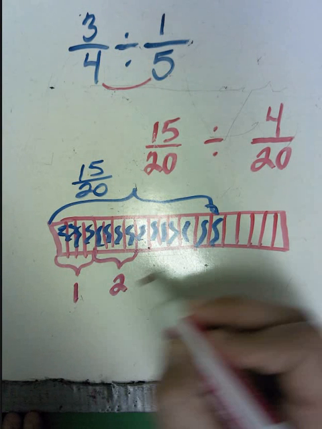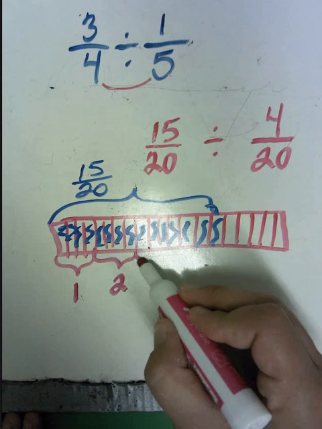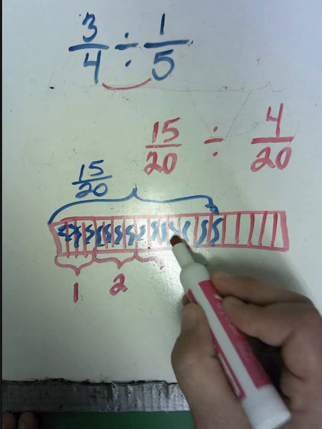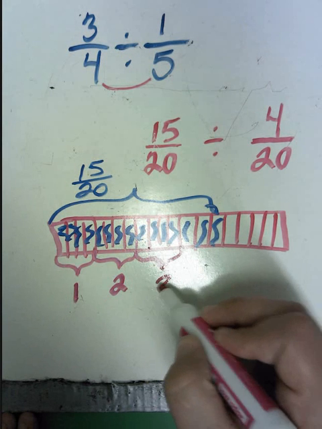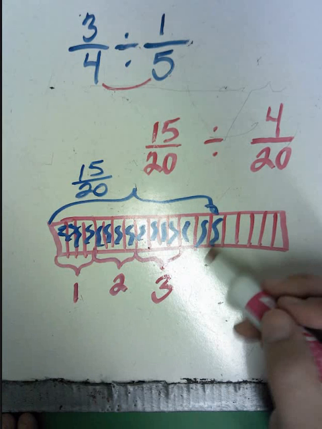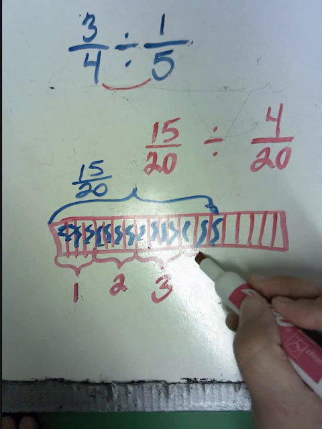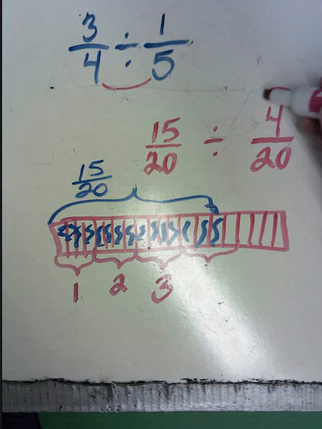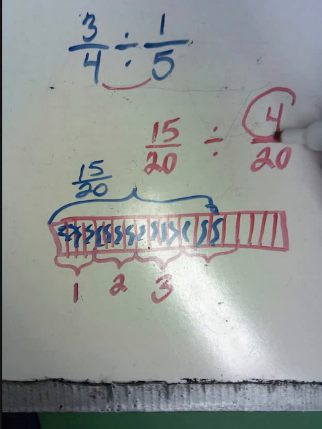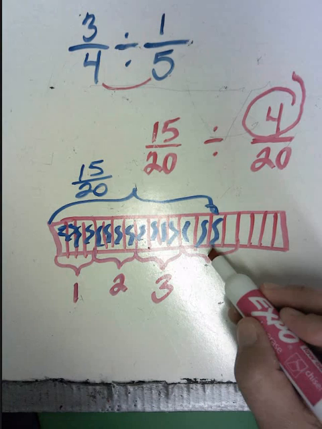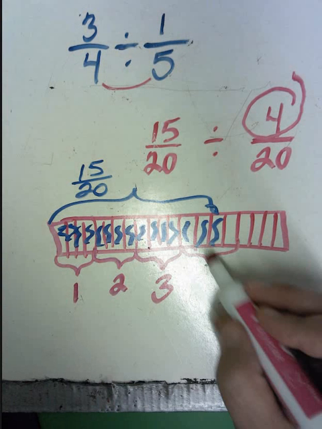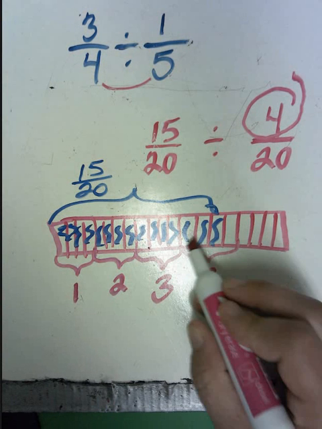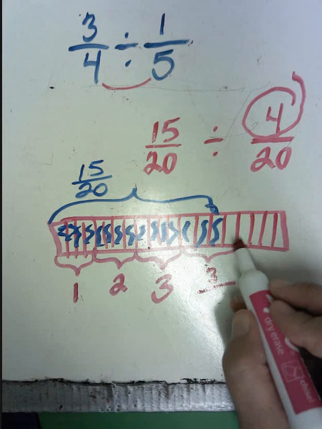But you have to remember, if we're counting groups of 4, and I have 3 left, it's 3 out of 4. See, this is 3 pieces out of that 4th piece, 3/4. So the answer is 3 wholes and 3/4.